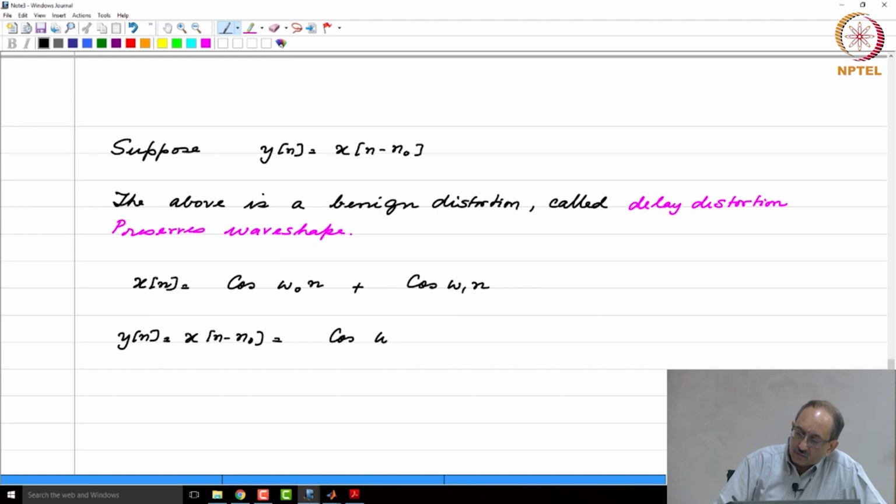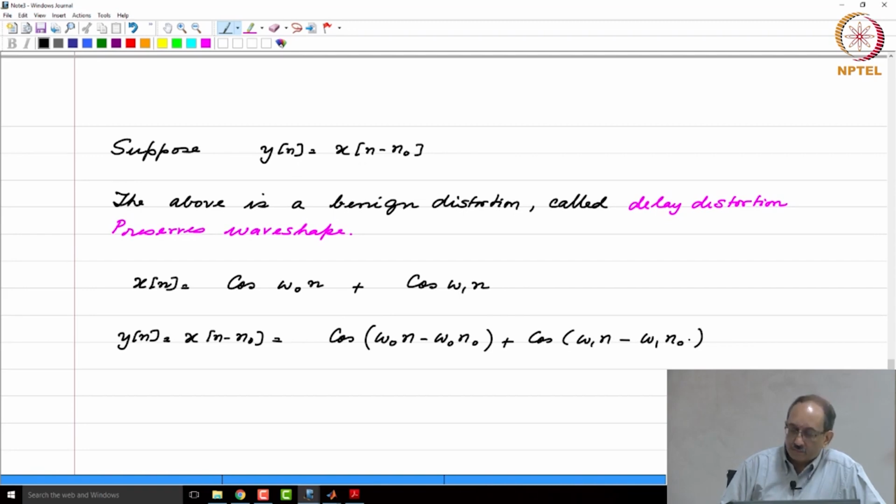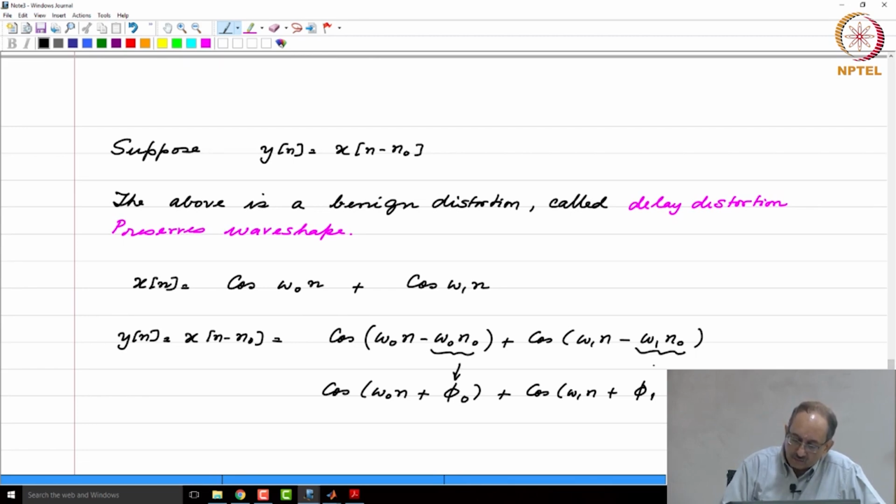So, this is cos of omega naught n minus omega naught n naught plus cos of omega 1 n minus omega 1 n naught, and this is nothing but cos of omega naught n plus phi naught plus cos of omega 1 n plus phi 1, and you are able to see that this phase is proportional to frequency, right. This phase is clearly proportional to frequency.